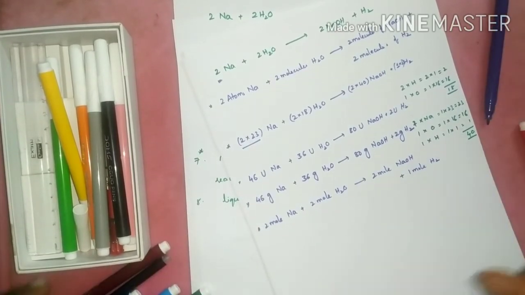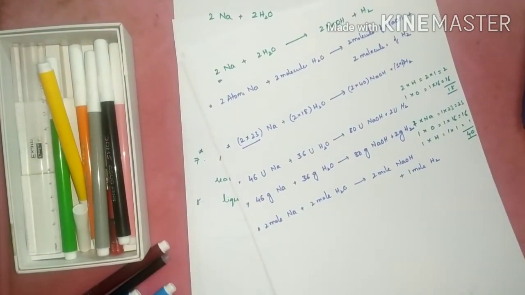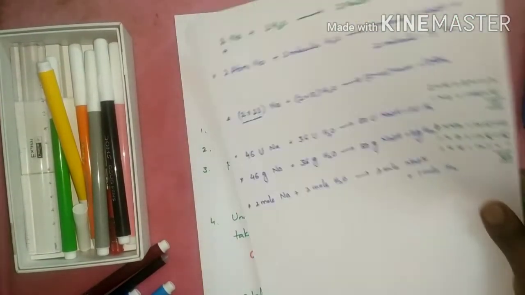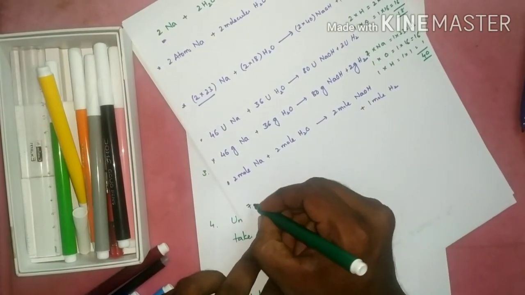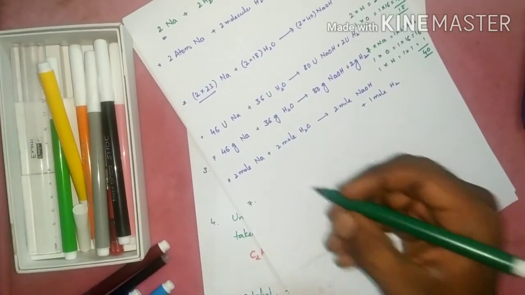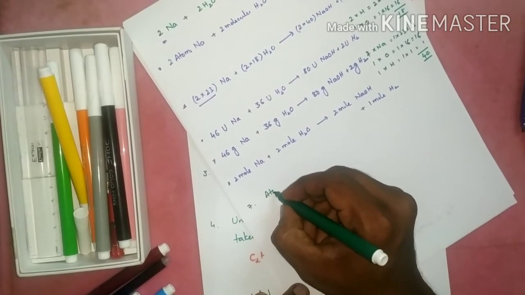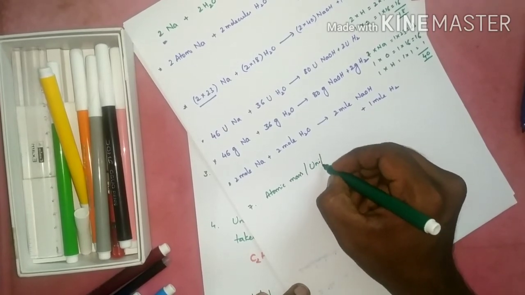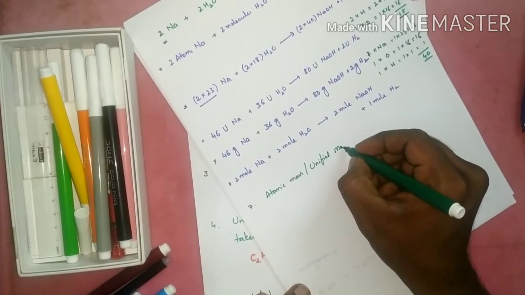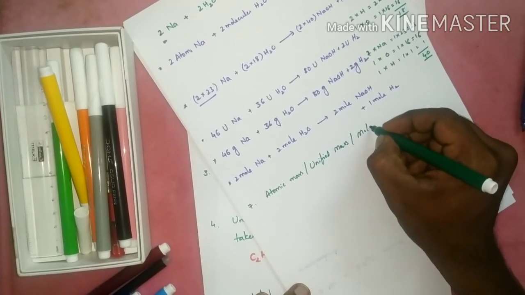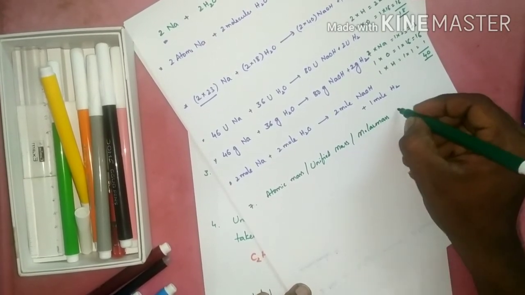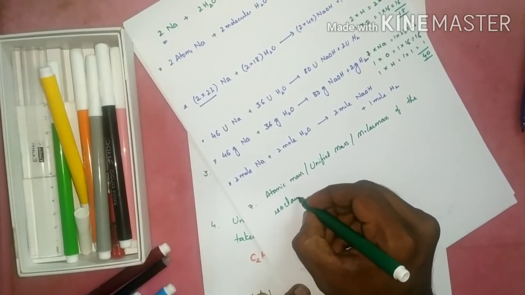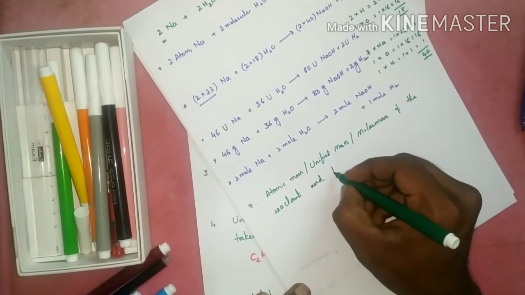See what information we get now. We have stopped at the 7th point. So an equation will say about the atomic mass or unified mass or molar mass of the reactants and products.